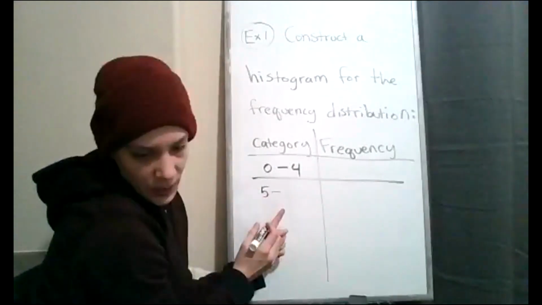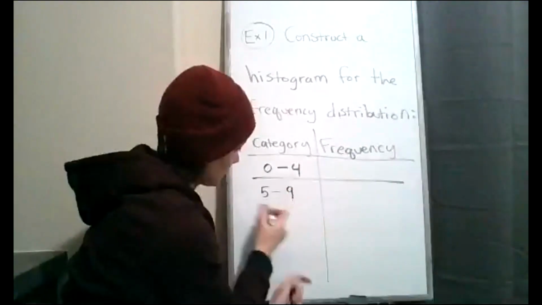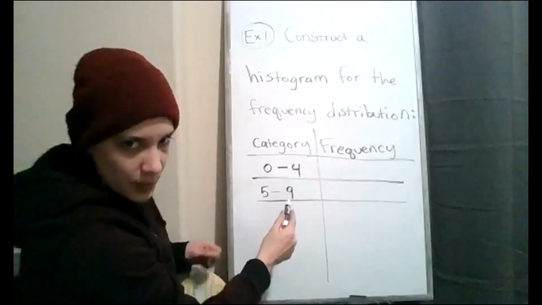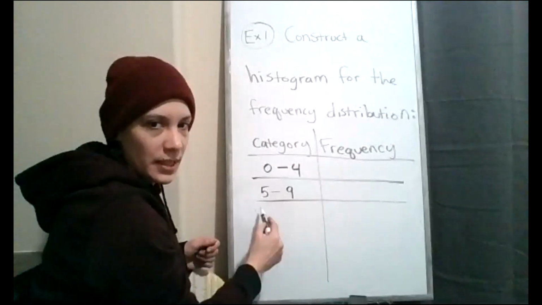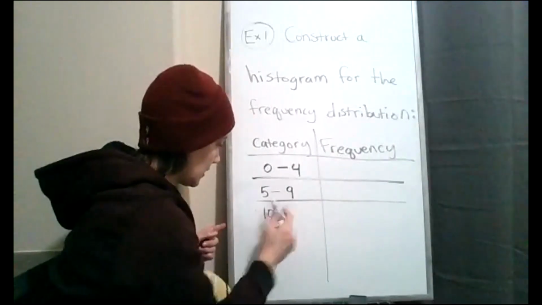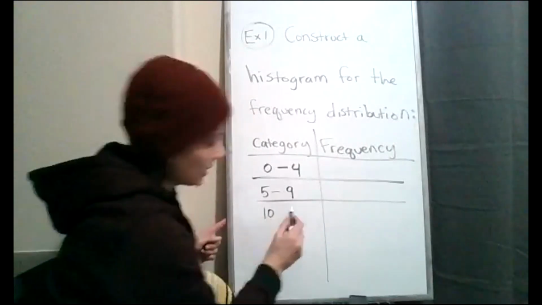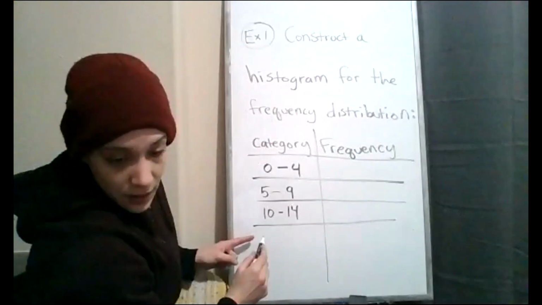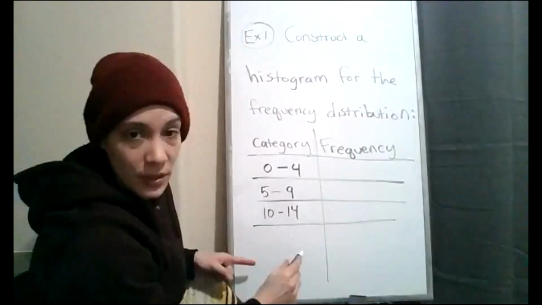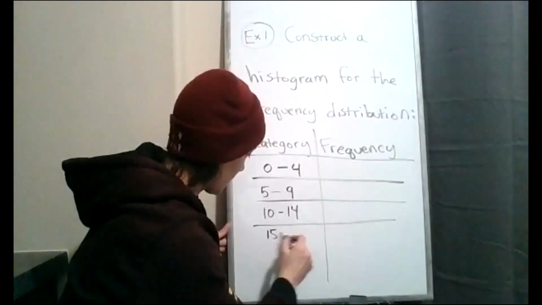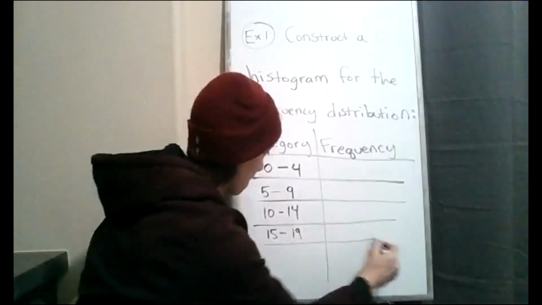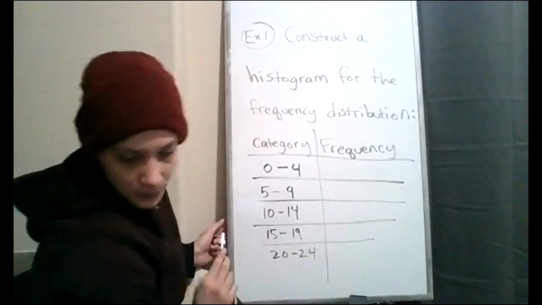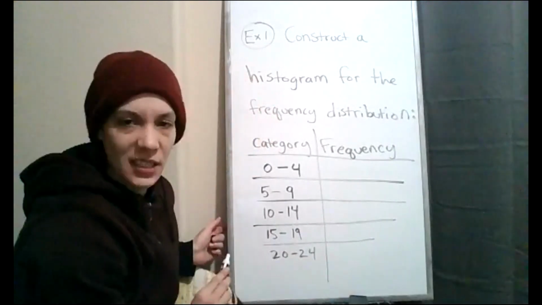And it goes up to 9. And values as close as possible to 10, but 10 is actually going to be the next set, which goes from 10 to 14, and 15 to 19, 20 to 24. Let's just stop there.